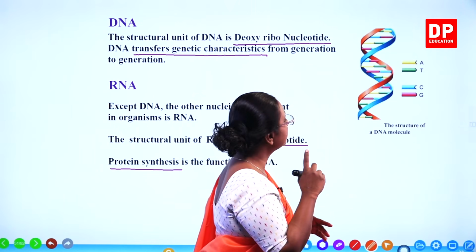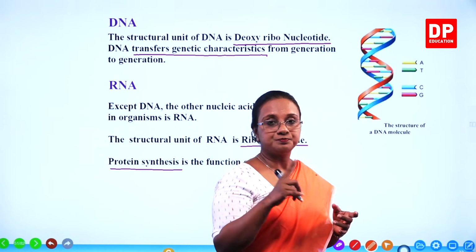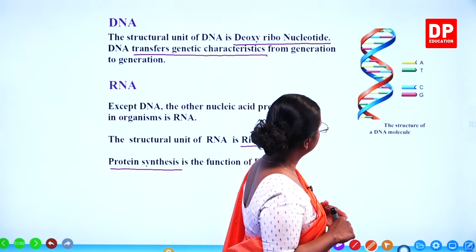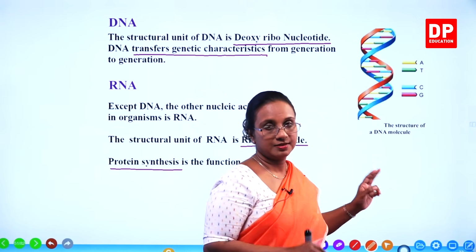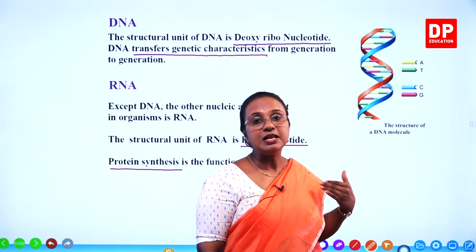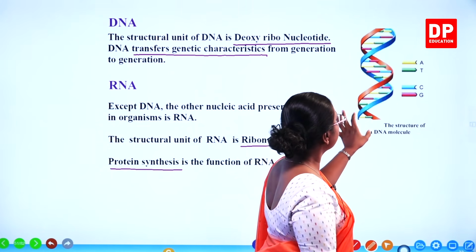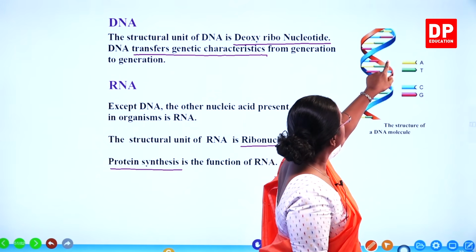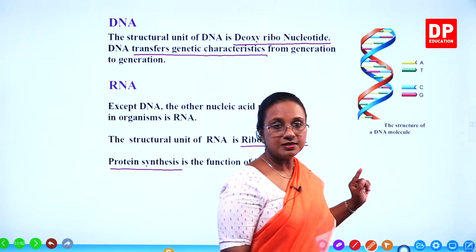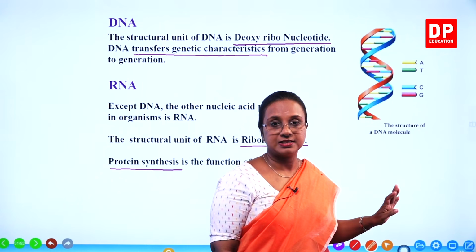This deoxyribose nucleic acid folds like a twine and forms a structure like this, which is called a double helix structure. This is the structure of a DNA molecule, and these, which are denoted by different colors, are 4 different nitrogenous bases.